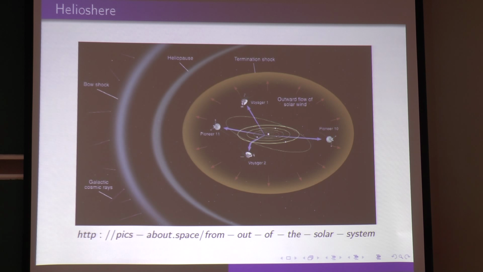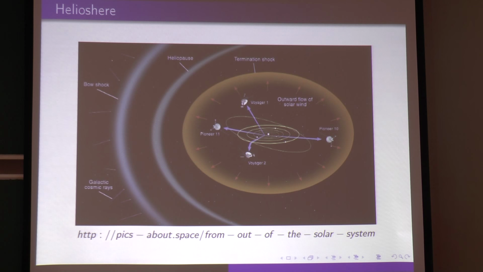A few words about Voyager. Voyager is a mission which explores distant regions from the sun. Voyager 1 crossed the heliopause in 2012 and now explores interstellar space.